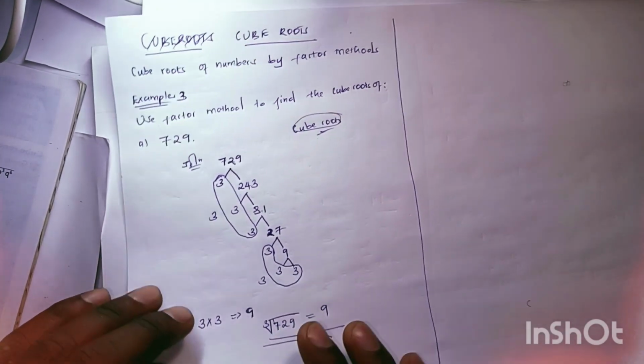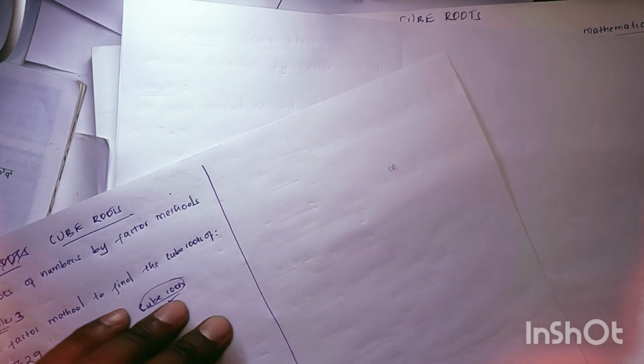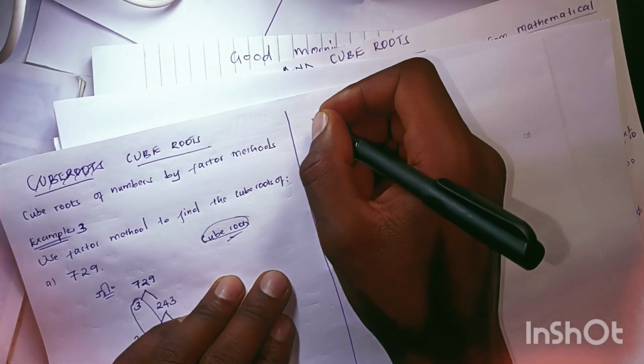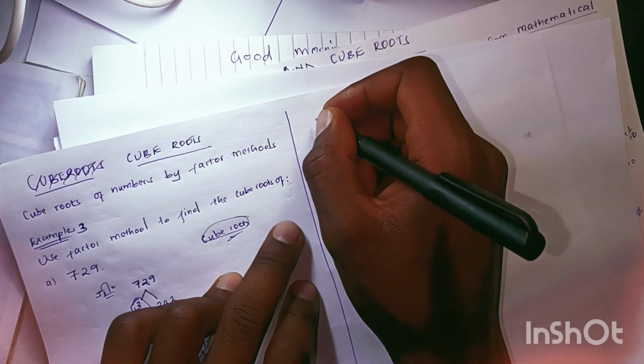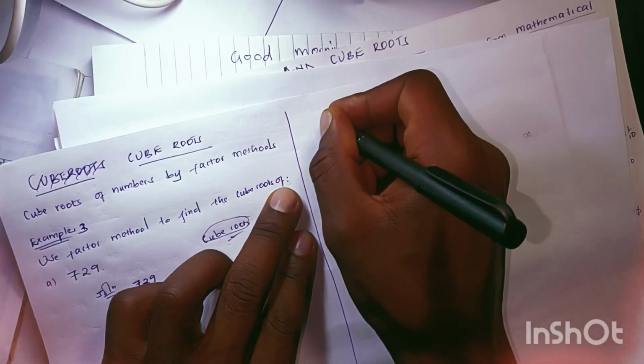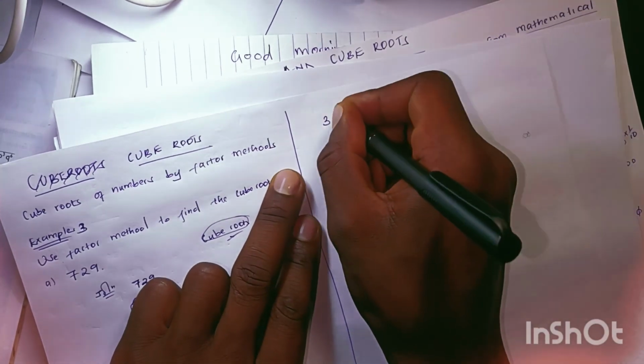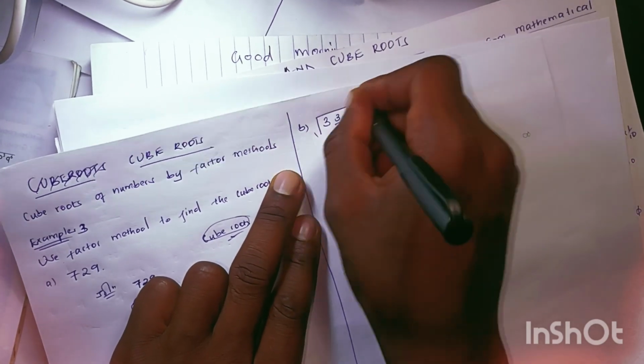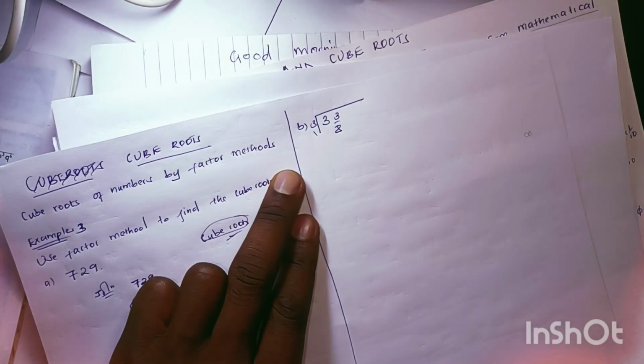What about if I had a fraction? Let's say, for example, you've been told to use factor method to find the cube root of 3 and 3 over 8. This is B. Find the cube root of that one.